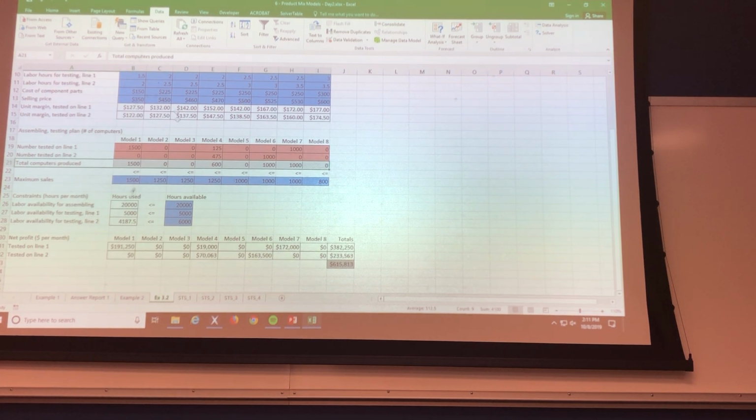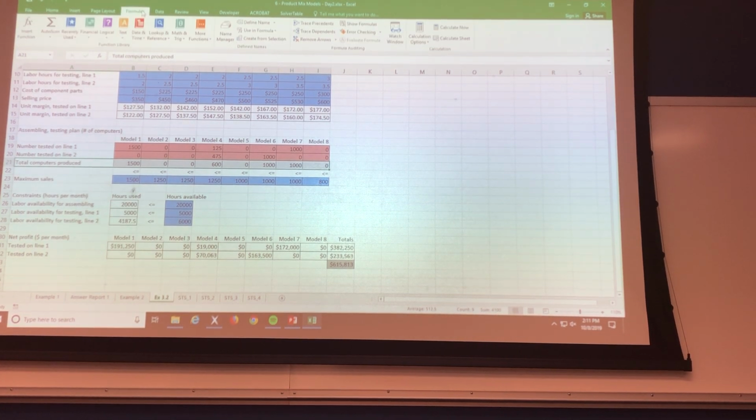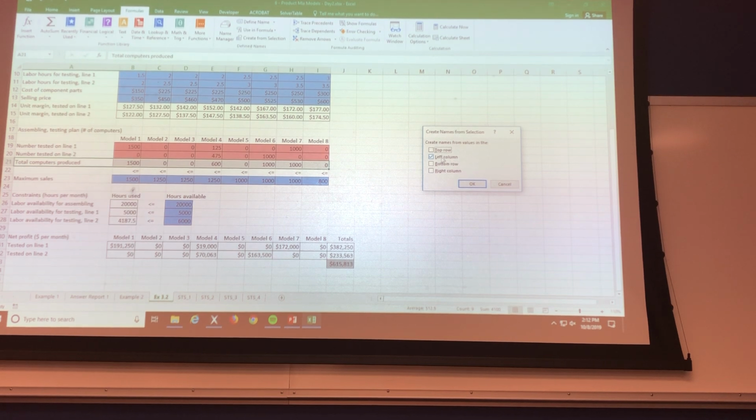And I'm going to go on the Formulas ribbon to where it says Create from Selection, and I'm going to let it create a name for those cells based on the text in the left column. And I'm going to click OK. You're going to think absolutely nothing happened, and you're not going to know that anything happened until later when I'm looking at the output of solver table, but you'll see it in just a second.